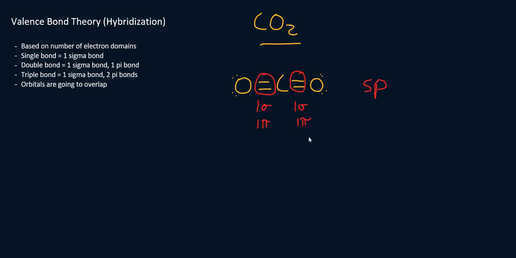But let's actually get into the nitty-gritty of how this sp hybridized structure forms for the CO2 molecule. Let's break it down in terms of where the electrons are moving to create this hybridized form.